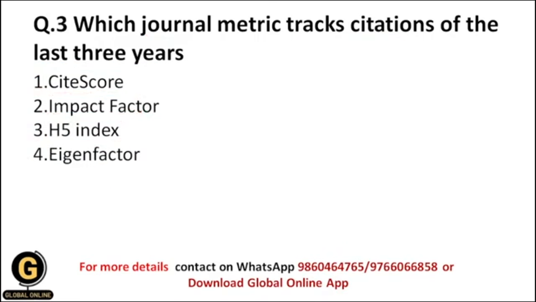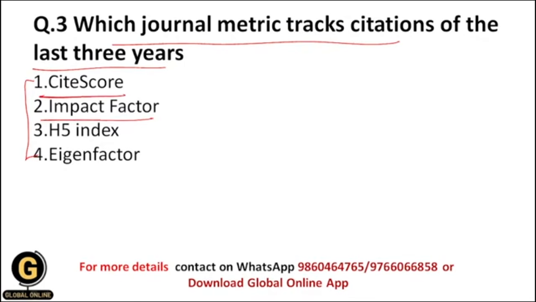Next is, which journal metric tracks citations of the last 3 years? Here again they have given you the names of certain journal metrics: whether it is cite score, impact factor, H5 index, or eigenfactor.